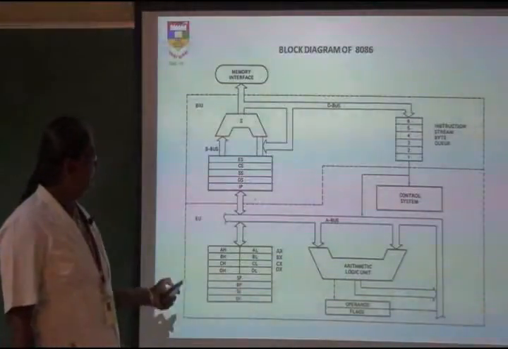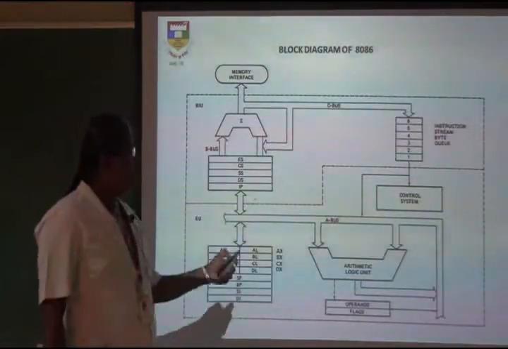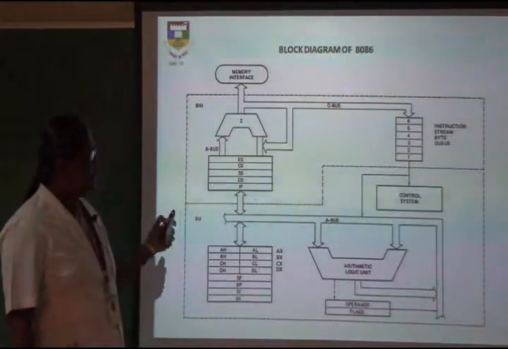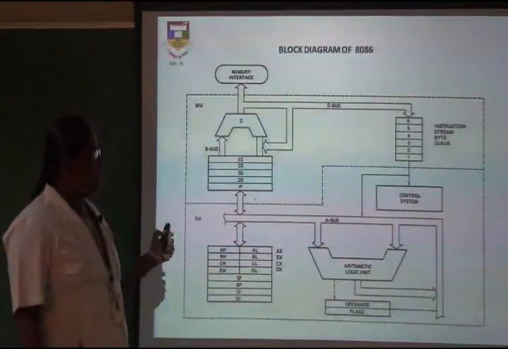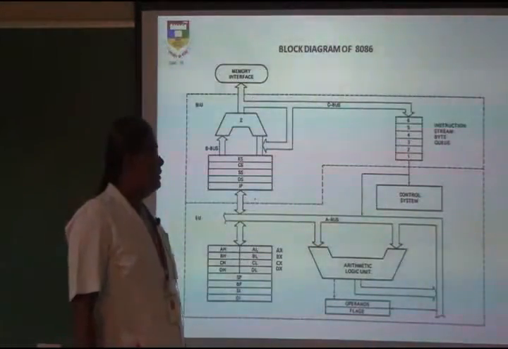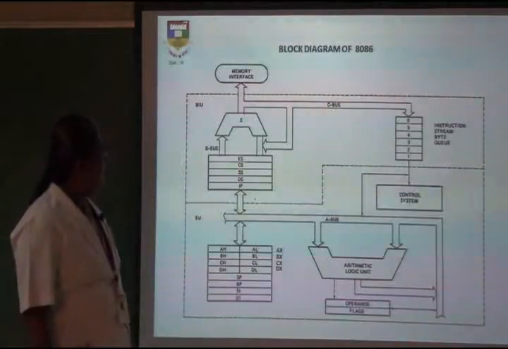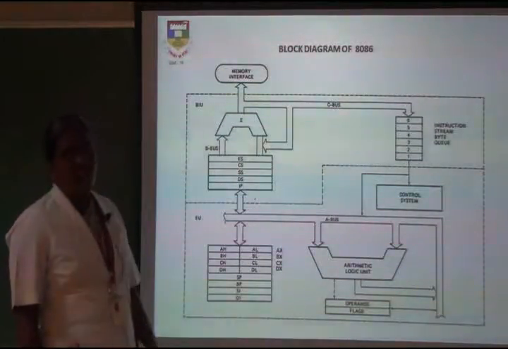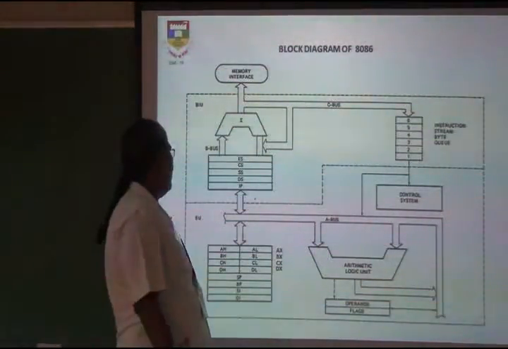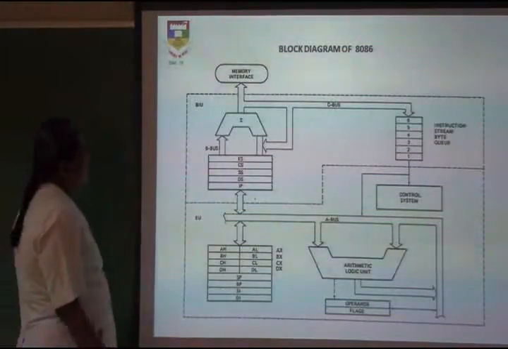The base address means starting address, and the queue register will store the instructions fetched from the memory, and it operates in first in first out operation. Then the instruction pointer stores the offset address of the program memory.